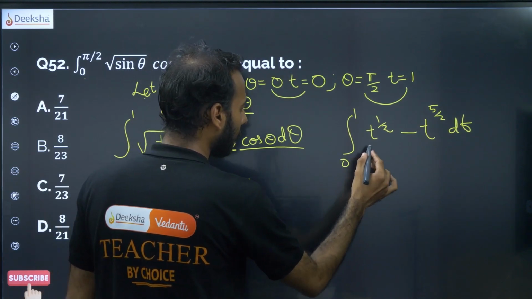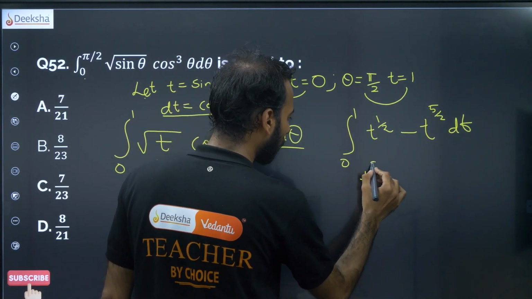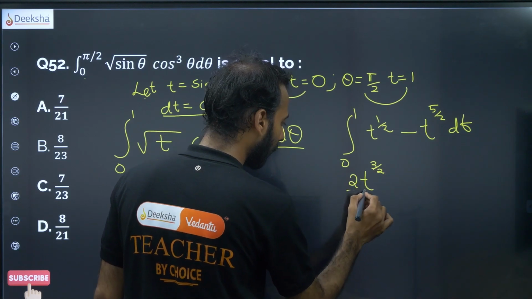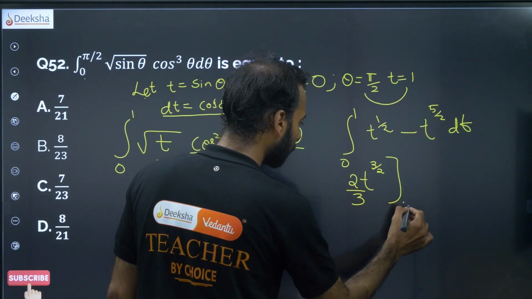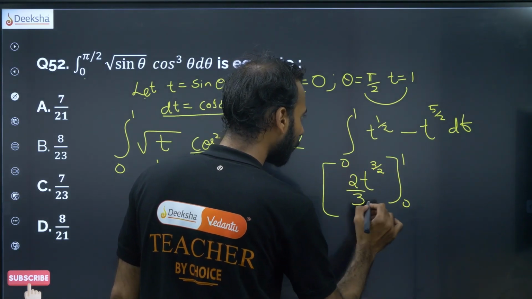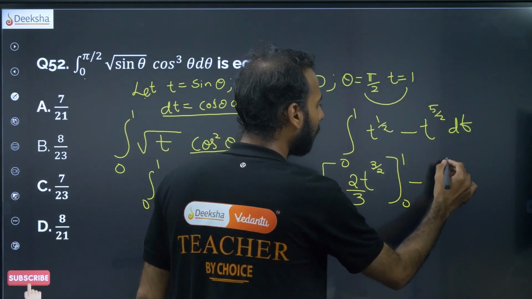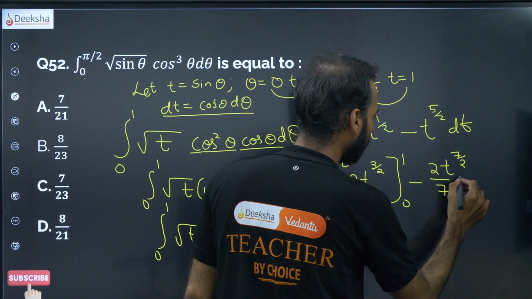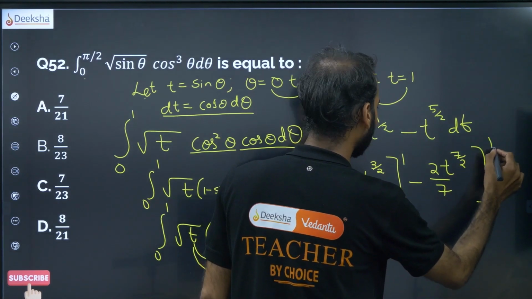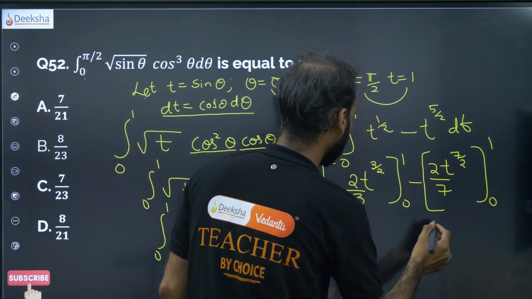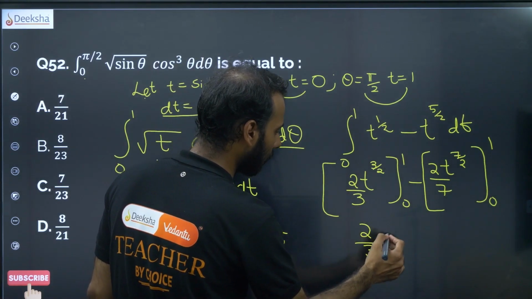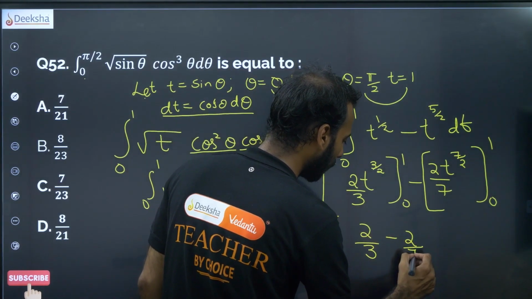So this t power 1 by 2, if you integrate, gives 2 by 3 t power 3 by 2, minus t power 7 by 2 times 2 by 7, from 0 to 1. Now if I substitute upper limit, 2 by 3, lower limit 0, minus 2 by 7.